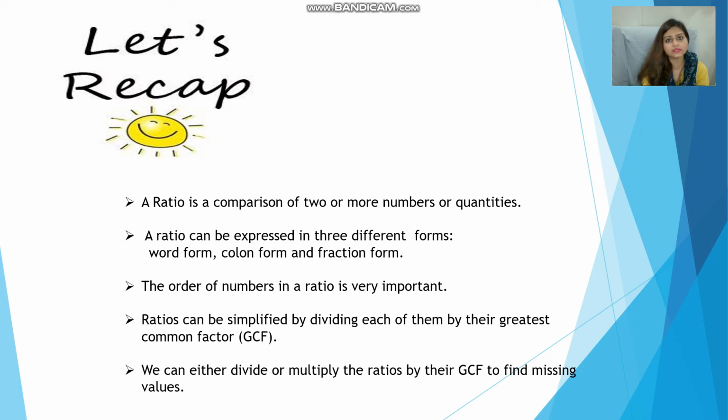The first thing in a ratio always comes first, the second comes second, and the third comes third. A ratio can be simplified by dividing each number by their greatest common factor. Similarly, we can divide or multiply the ratio by a common factor to find missing values as well. It is also called an equivalent ratio.